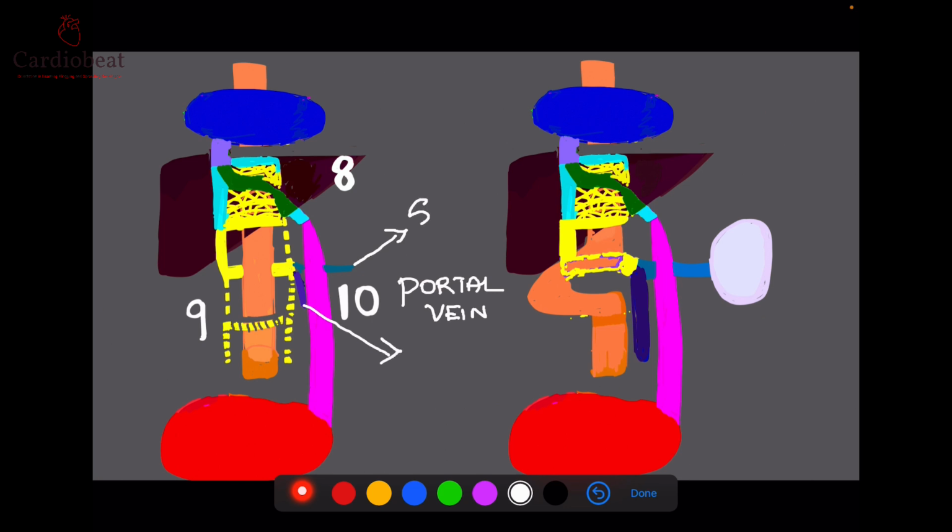This is the splenic vein and this is the superior mesenteric vein. Both these veins independently grow and they join at the confluence of the middle anastomotic site and they drain into the middle anastomotic site to form what is called the portal vein.